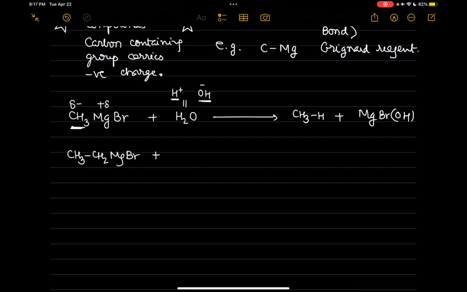Yeah, I will explain once again. Suppose you take water with ethyl magnesium bromide. What is the charge on this ethyl? Minus charge. What is the charge on magnesium? Plus charge. Water means where you have H plus and OH minus.